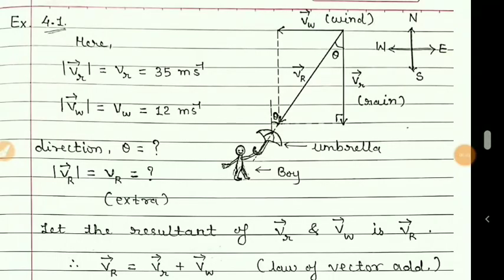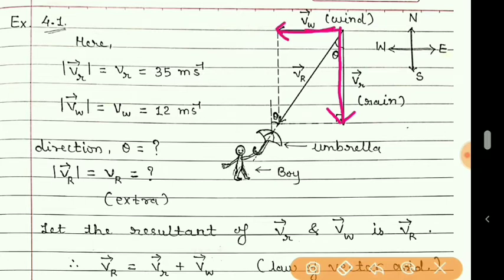Now students, it is clear from this figure that this is the velocity of rain and this is the velocity of wind. Now if we draw this line, then its magnitude will be exactly equal to the magnitude of the velocity of wind. That means if the length of this VW is 12, then even this length will also be 12, and so this resultant vector forms a right angle triangle here.